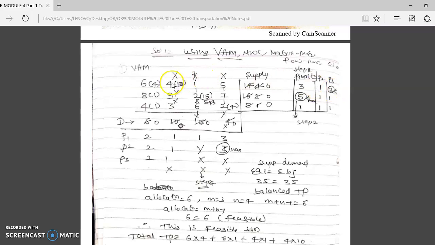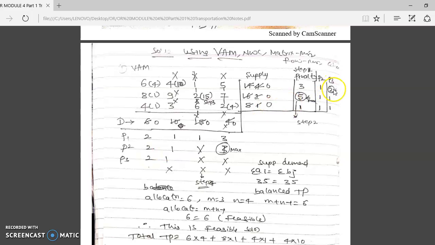In the third penalty, the difference between these two is 2 and the difference between 8, 9 is 1. The difference between 4, 3 is 1. Similarly, here the column differences are 2 and 1. Among these penalties, the maximum value is either this 2 or this 2. Select any one.